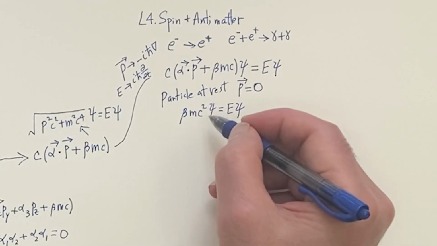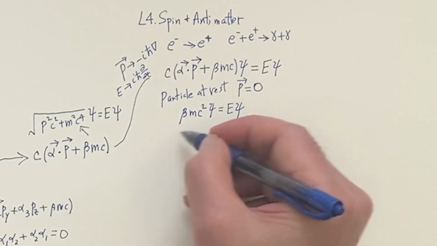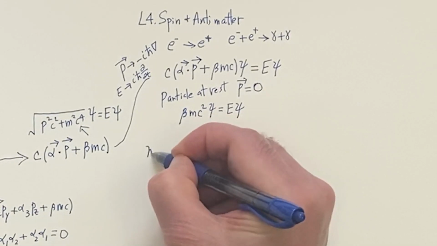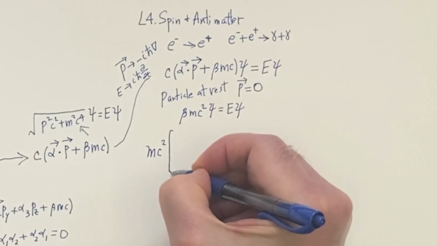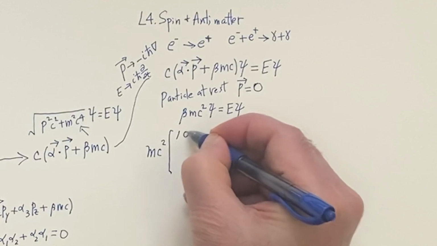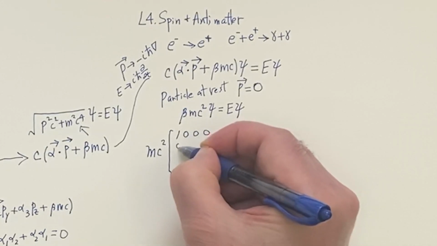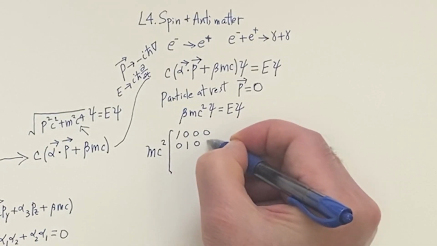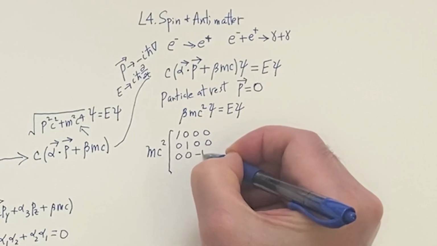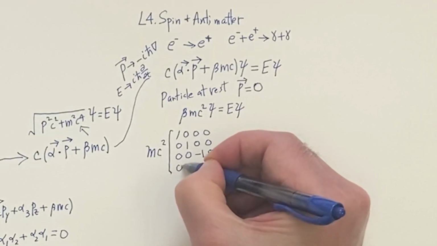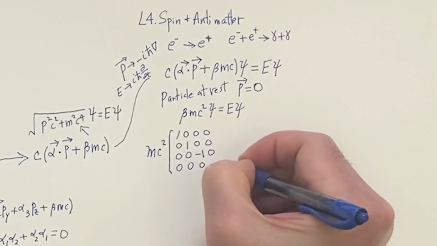Now remember what your beta is. I'm going to put here mc squared, and then I'm going to put down the beta. Remember the beta had identity 2 by 2 in the upper left, and then the identity with the negative sign down there.